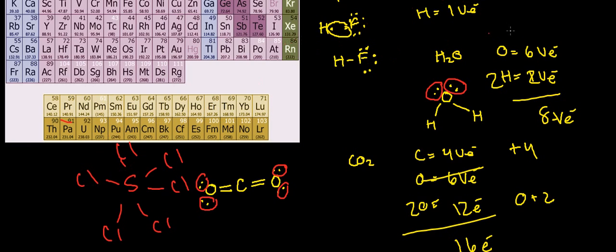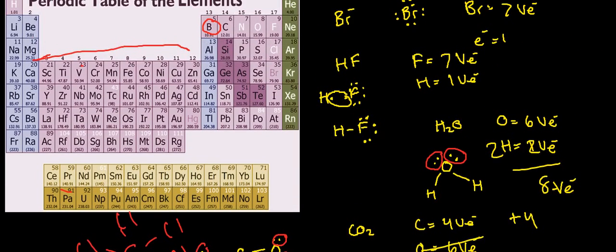And even noble gases, which people used to think couldn't even make bonds because they already have octets, can actually make bonds and get an expanded octet where it'll have like 12 electrons around it. But it's not really that common.